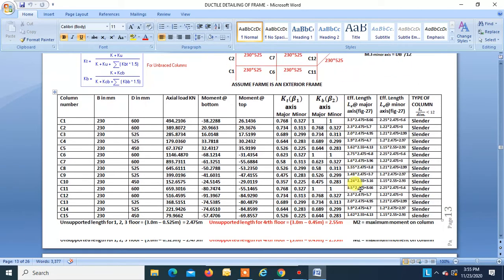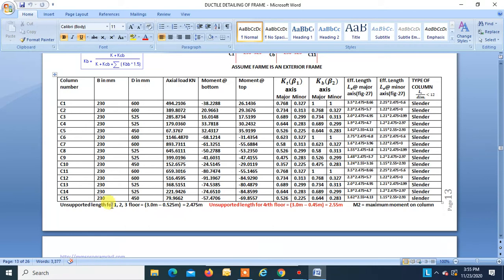What is unsupported length? Unsupported length for floor 1 2 3 is the height of the floor minus the depth of the shallowest beam. Sorry, not lowest, the shallowest beam depth you have to take over here.